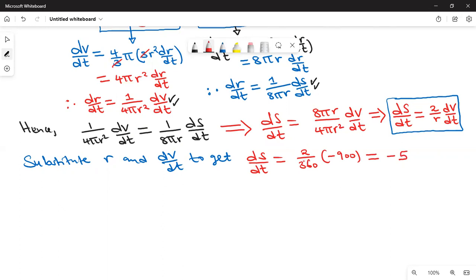This is the rate of change of surface area, so this is centimeter squared per second. That means the surface area is decreasing at the rate of 5 centimeters squared per second.